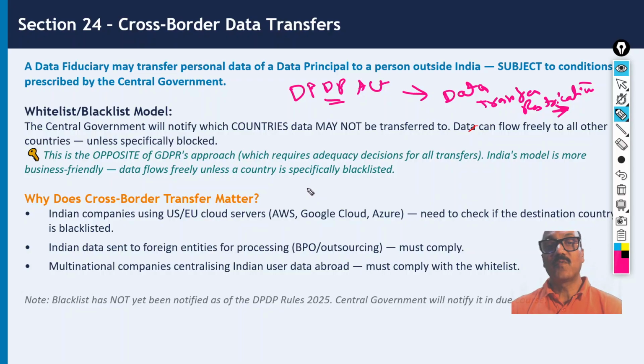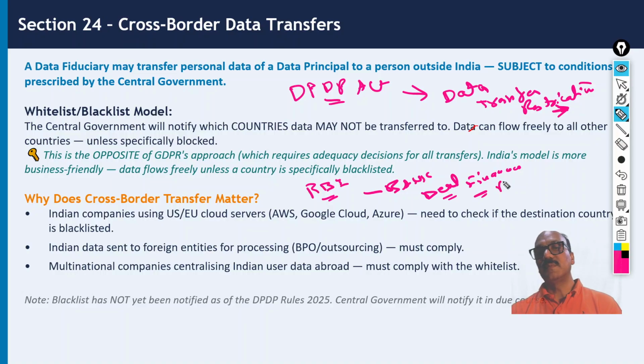those of sectoral regulators, for example RBI. RBI is the regulatory body for banks, right? Banks deal with financial matters and personal information also.